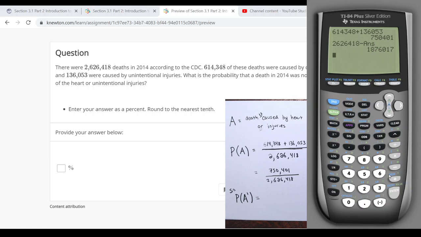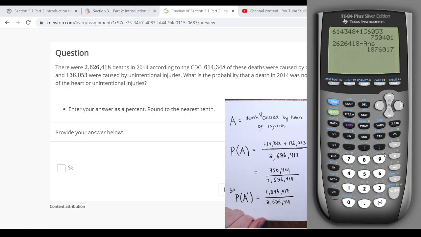So the numerator here is 1,876,017. That 1,876,017 is how many deaths were not caused by the heart problems or injuries. And then for this probability, that it doesn't occur, it's divided by the total, 2,626,418.